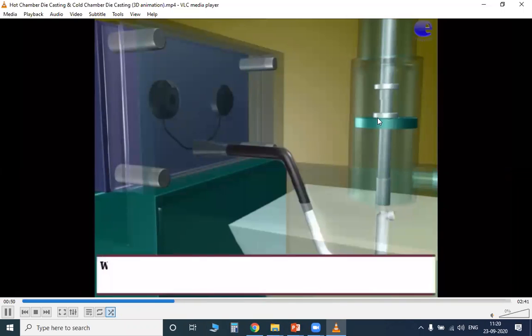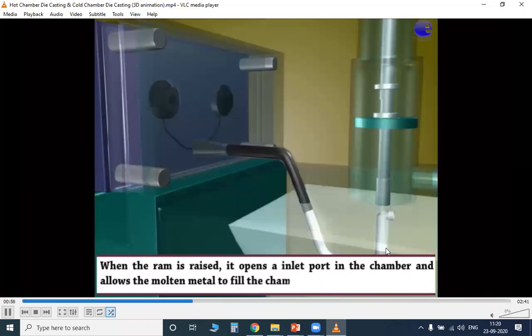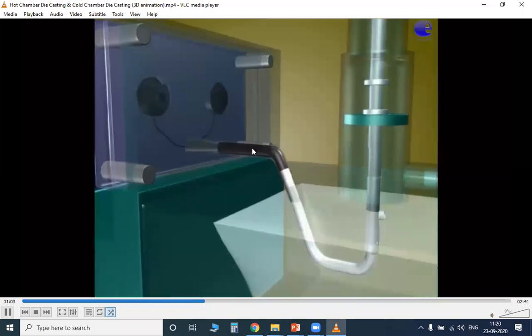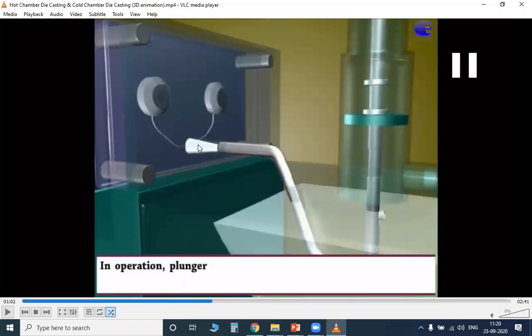When the plunger is taken through the injector tip, the molten metal is carried over the injector nozzle. Here, these are the gate systems through which the molten metal flows to the mold cavity.